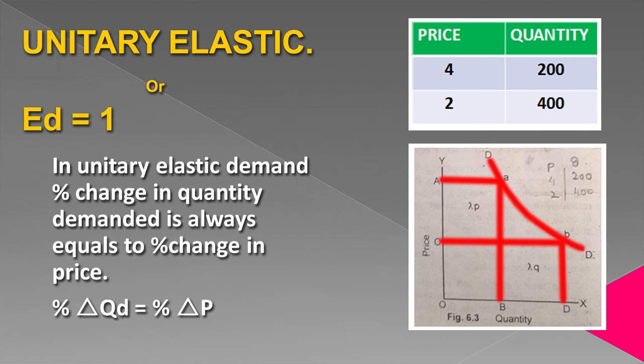So, when we join these 2 points, we get a curve, and this curve is known as demand curve of unitary elastic demand. So unitary elastic demand means the rate of change is equal in both the variables. If there is a change of 50% in prices, there will be a change of 50% in demand also.